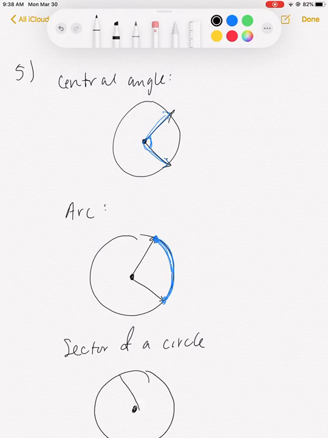I'm going to draw my central angle this way, because my screen's being funny. There's a central angle, vertex at the center, and this part is a sector. So you shade in this part of the circle. An arc is part of the circumference. The sector is part of the area of the circle, and we're going to study more about area in the next section, 8.3.